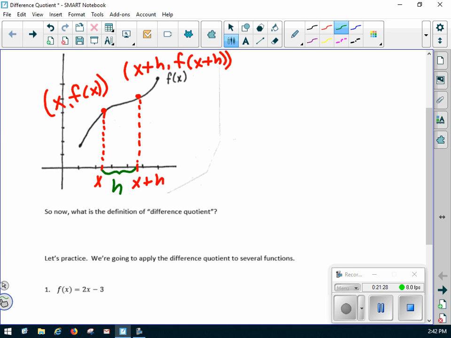Now, what we are going to do is find the slope of that line right there. How do you find slope? Rise over run. We just started these. Rise over run, but we're not going to talk rise over run.